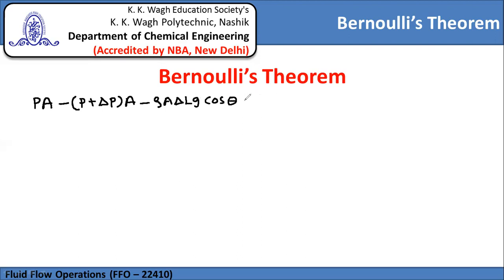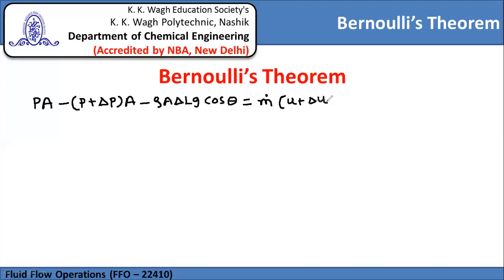So as per Newton's second law of motion, the summation of these forces will be equal to the rate of change of momentum, and the rate of change of momentum is represented as mass flow rate into rate of change of velocity, that is u plus delta u.